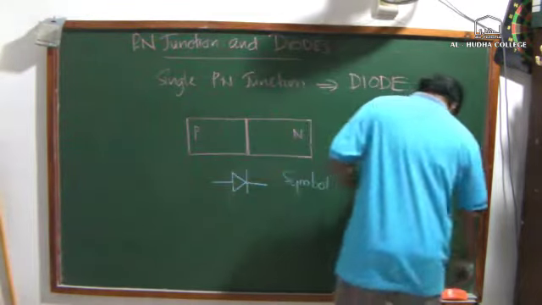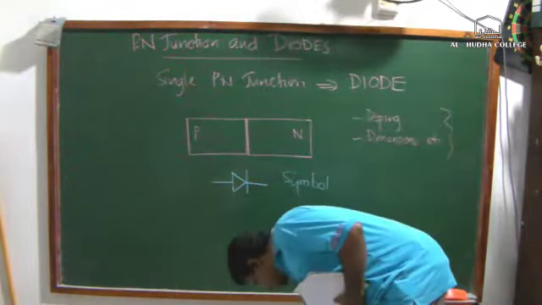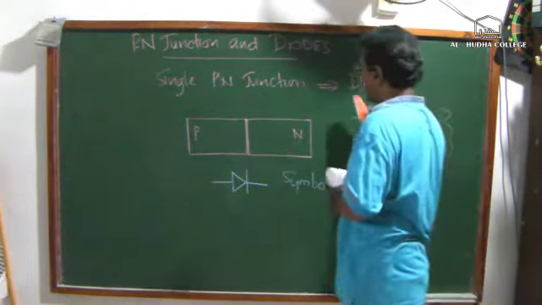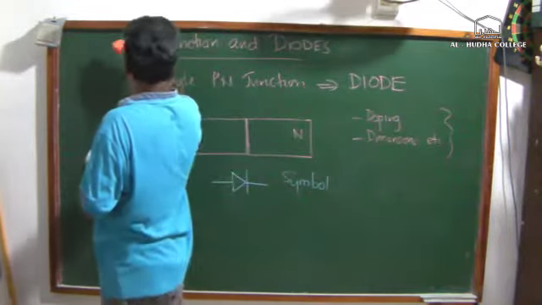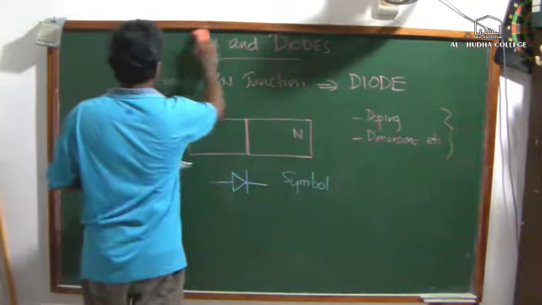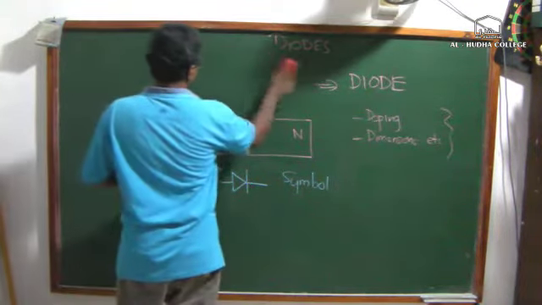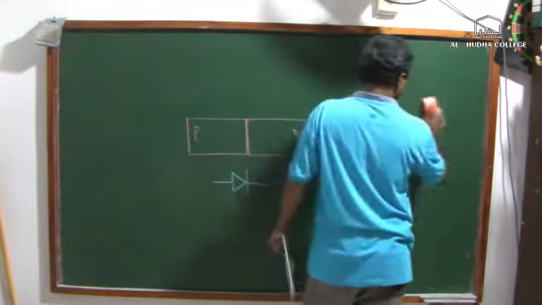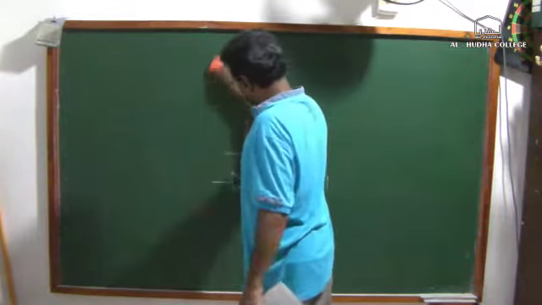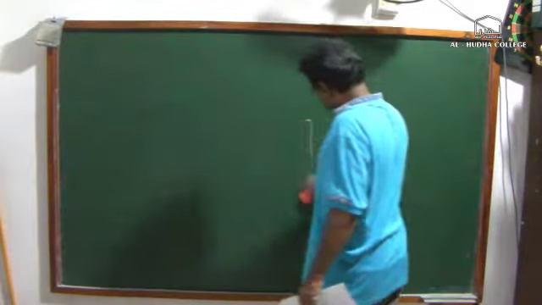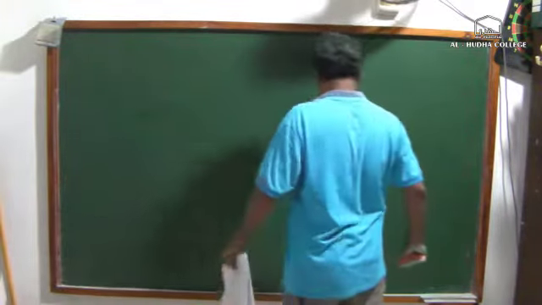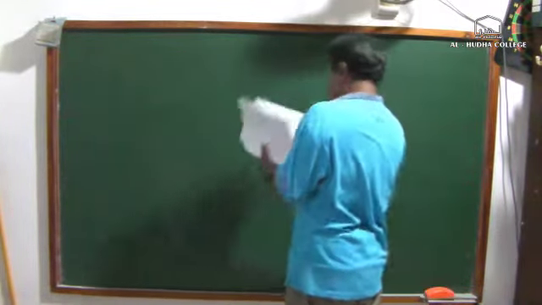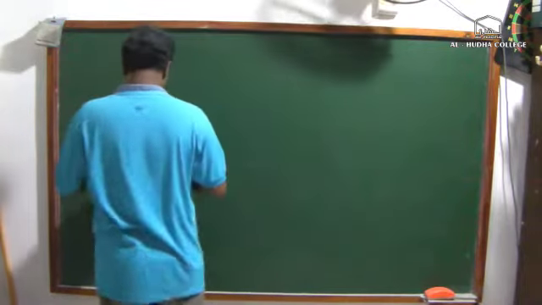We'll see what happens when you connect an external supply to this PN junction. So depending on how you connect the external supply, there are two types of biasing, right?